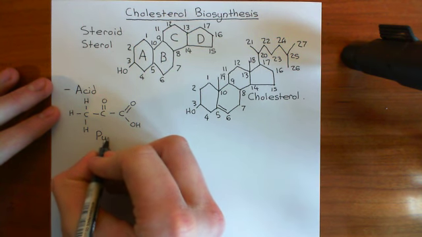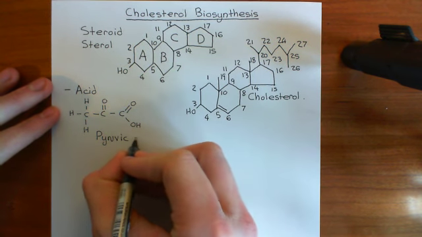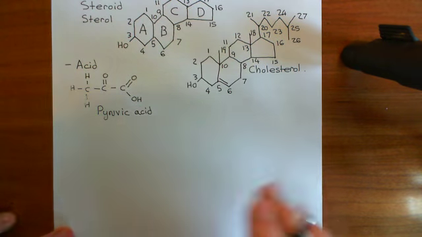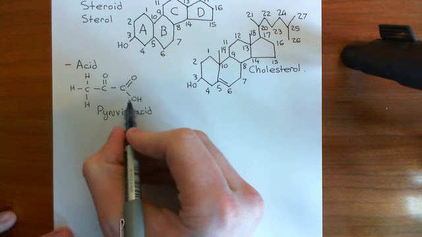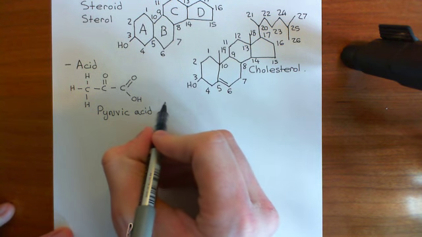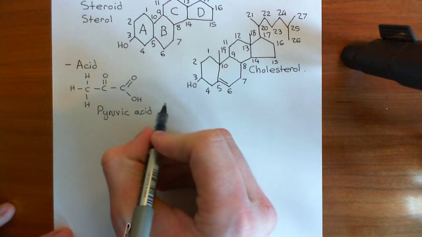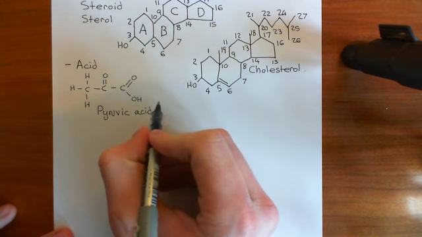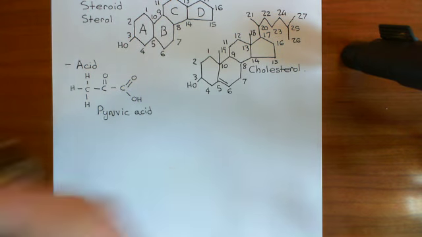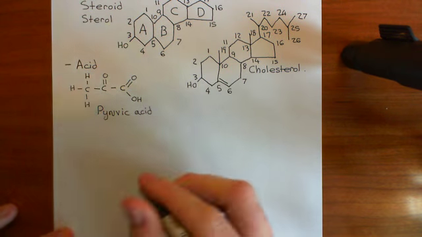So this is pyruvic acid. This is an acid molecule because that proton that comes off the alcohol group of the carboxylic acid group can be donated away into the solution. And when it does that, that will increase the acidity of the solution.